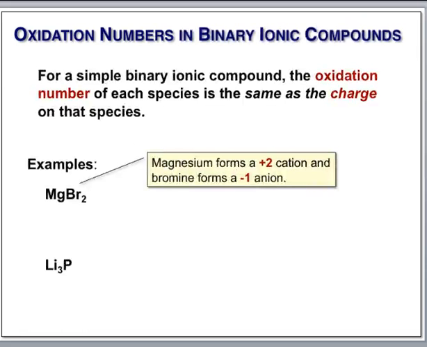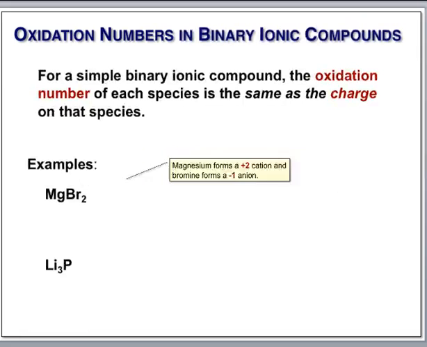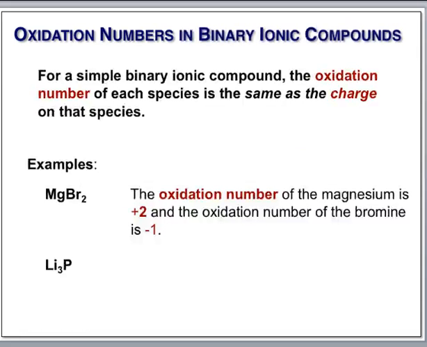So if we put this in terms of oxidation numbers, magnesium is +2, bromine is -1. In the periodic table, bromine has 7 electrons. Here it has 8. That's a -1. In the periodic table, magnesium has 2 electrons in its valence shell. Here it has 2 fewer. So it's a +2.